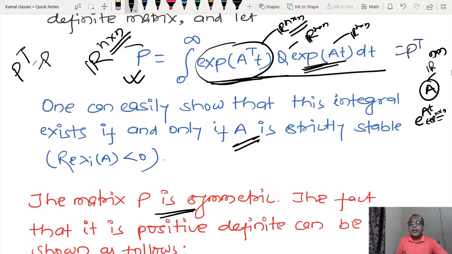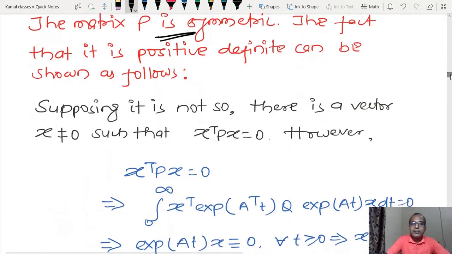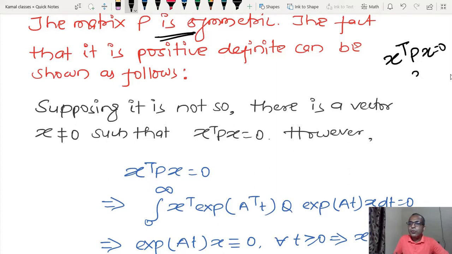Now P is symmetric, and after that I have to prove something. I have to show positive definiteness, that P is positive definite, okay. So how to show that? If P is positive definite, then I can say that X transpose Px is greater than 0 when X is not equal to 0, otherwise if it is not positive definite, it equals 0. So it is proof by contradiction.